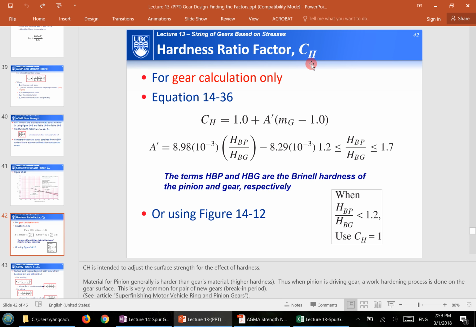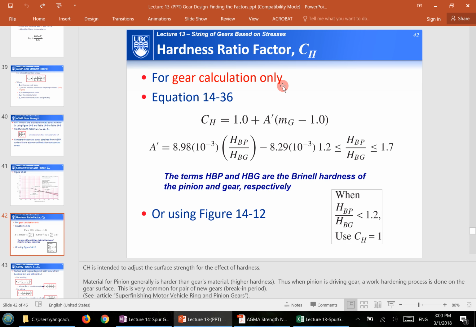Now CH will be only used for gear calculation only. So look at the red color here. If you're calculating the stress number for the pinion, you don't need a CH. It's only for the gear. The reason is because technically, it's always a pinion pushing the gear, and the pinion typically, you choose the material or the surface finish of the pinion to have a higher hardness than the gear.